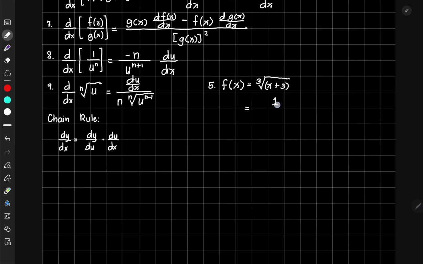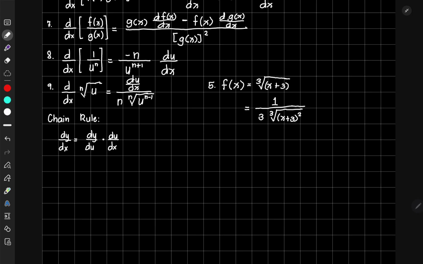So, this would be 1 all over n, which is 3, then nth root, which is cube root of our u. Ano yung u? That is x plus 3. But we have n minus 1. Yung n natin is 3. So, 3 minus 1, that is equal to 2. So, ito na yung sagot for this example number 5.